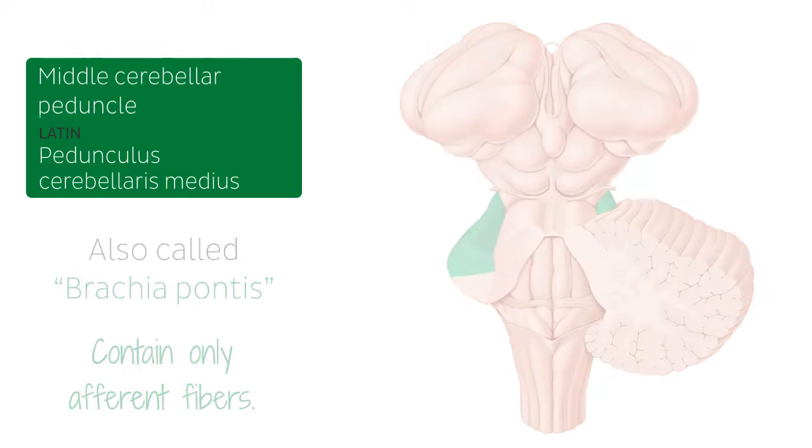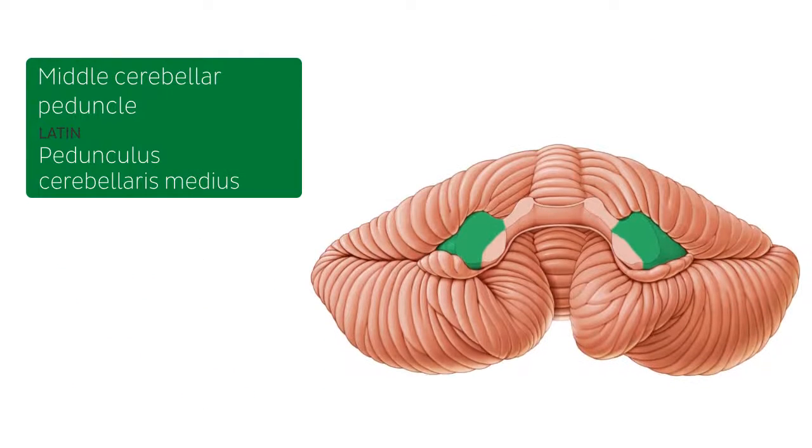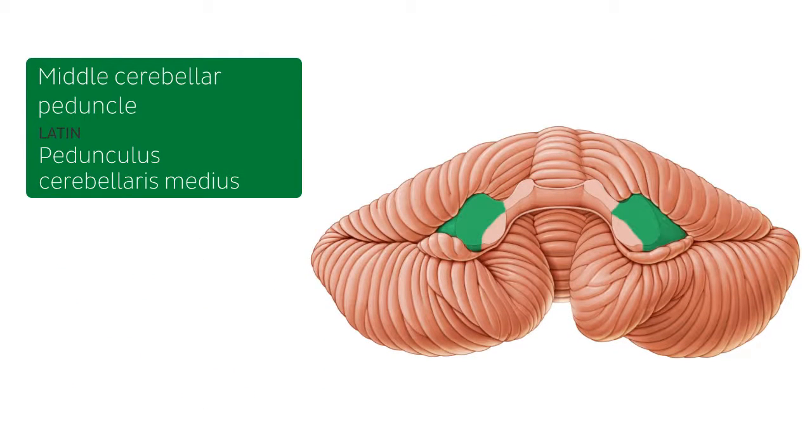Another point I would like to add here, and now I'm moving to this image of the caudal view of the cerebellum. You see the middle cerebellar peduncles highlighted from this view. The fibers of these peduncles come from the pontine nuclei of the opposite side.